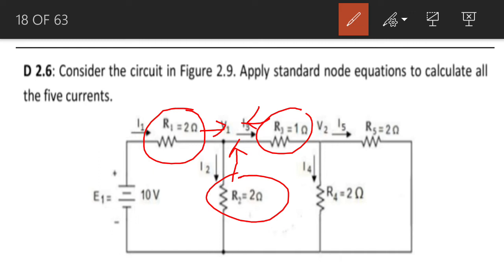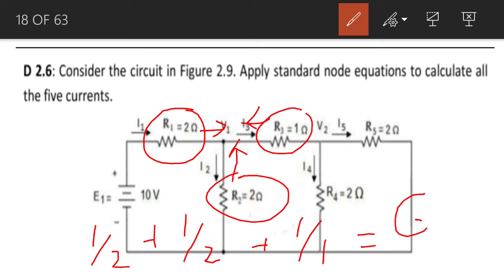So for G11, we calculate G1. G1 will be equal to 1 by 2. We calculate G2. G2 will be equal to 1 by 2. And we calculate G3. And G3 will be equal to 1 by 1. So the sum of all the conductances connected to node 1 gives you G11.